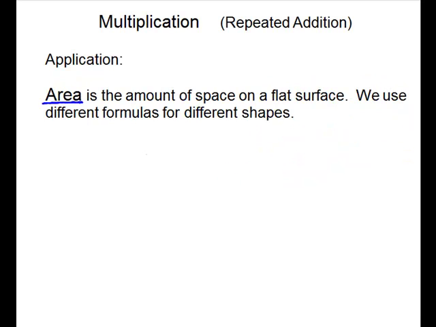We'll look at an application problem. Another from geometry, area. Area is the amount of space on a flat surface. We use different formulas for different shapes to calculate area. And area of a rectangle gives us a formula to use, which is length times width.